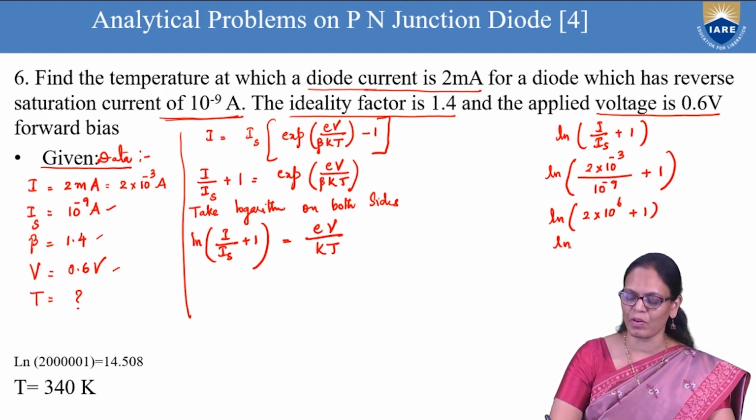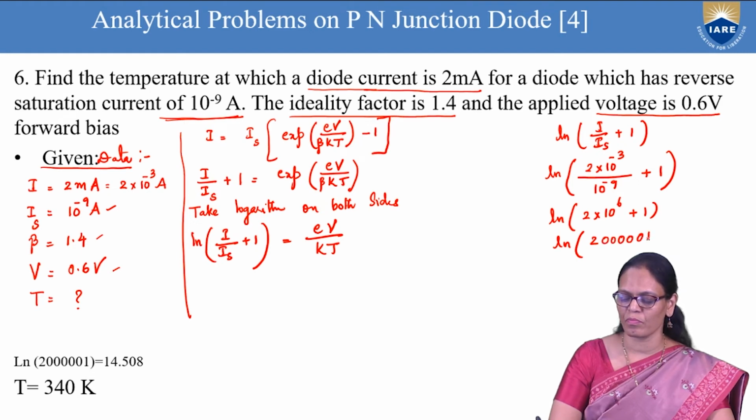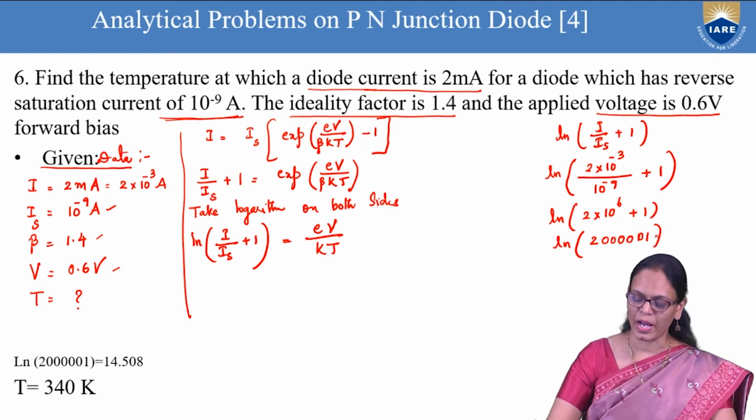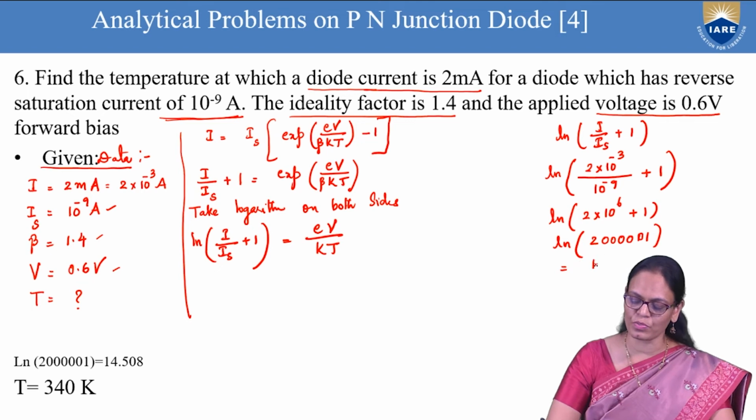So this will be ln of 2 into 10 power 6, and this value is equal to 14.508.